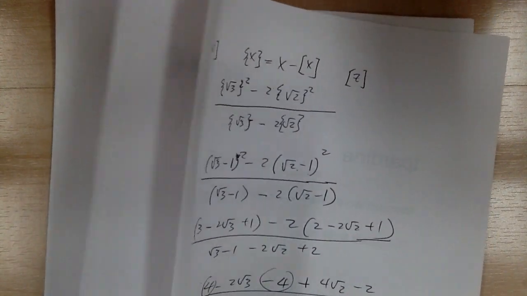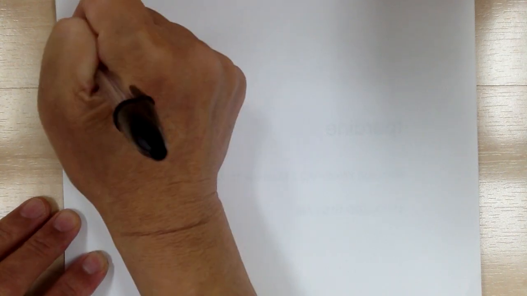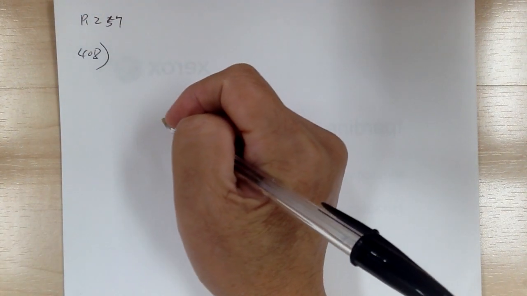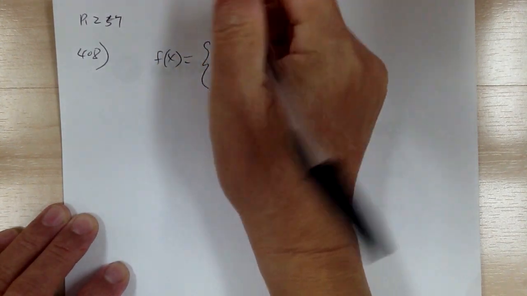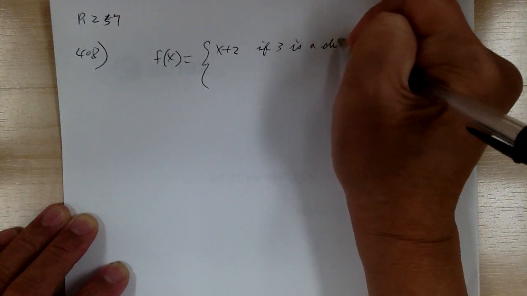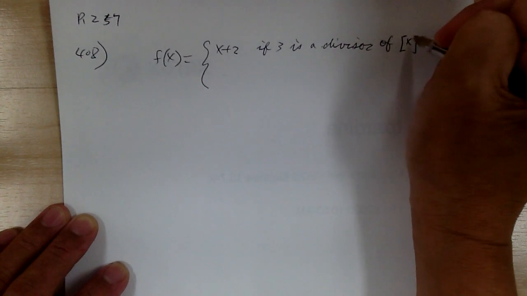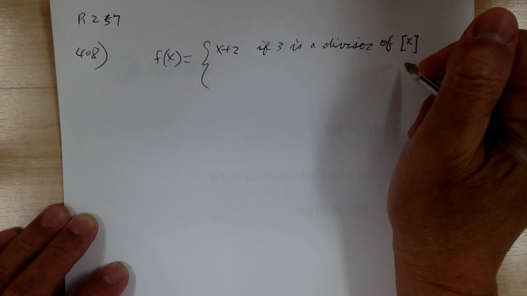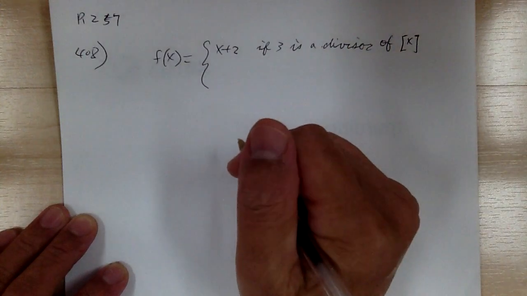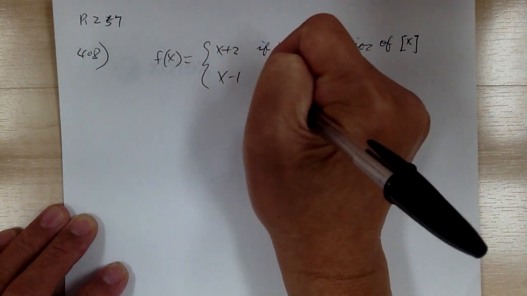Okay, let's go to 408. Okay, so you have the piecewise function. f of x equals x plus 2 if 3 is a divisor of the greatest integer function of x, and x minus 1 otherwise.